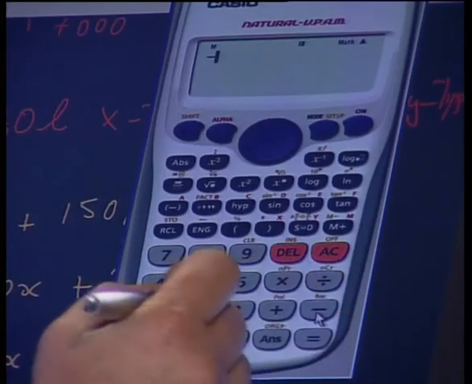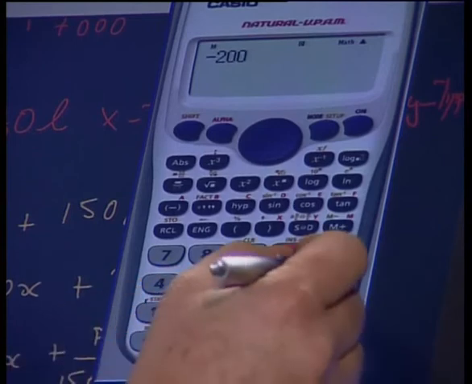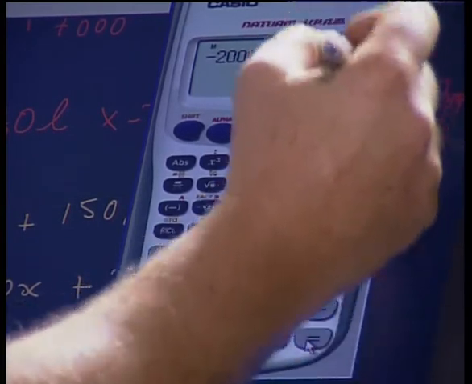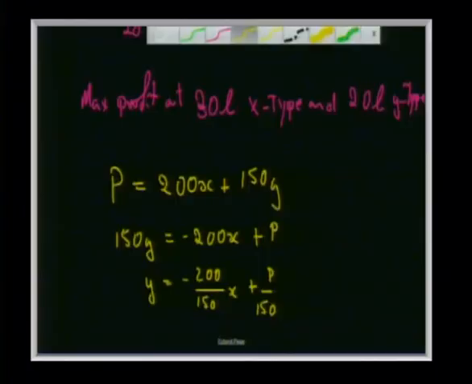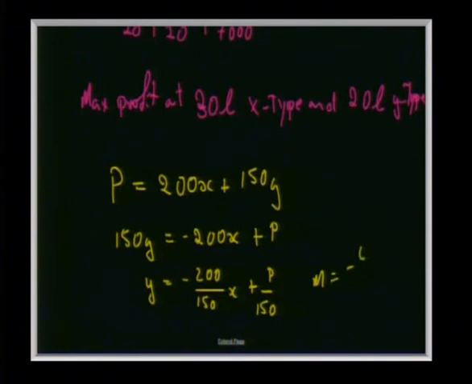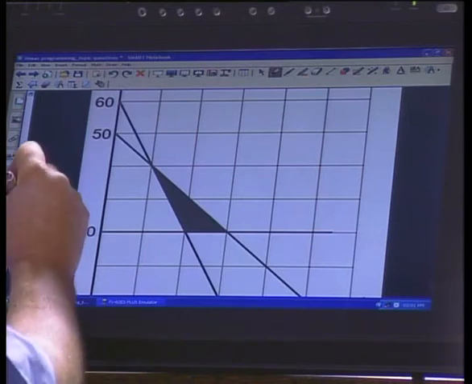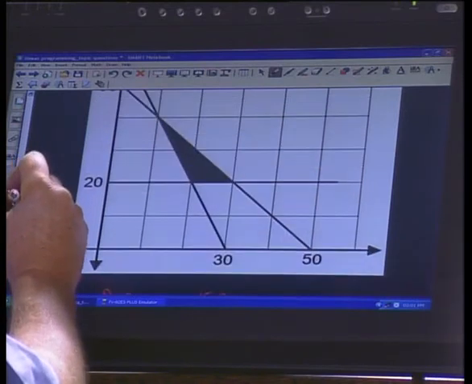Just double checking what negative 200 divided by 150 is, gives us negative 4/3. That is going to be the slope. Our slope is negative 4 over 3. Well, that's great. If we go back to our graph, our model, negative 4 over 3, we could use 40 over 30. I think that'll be much better.